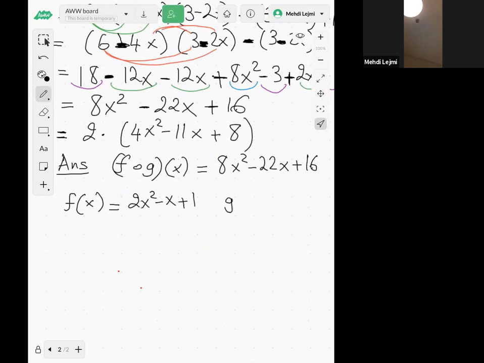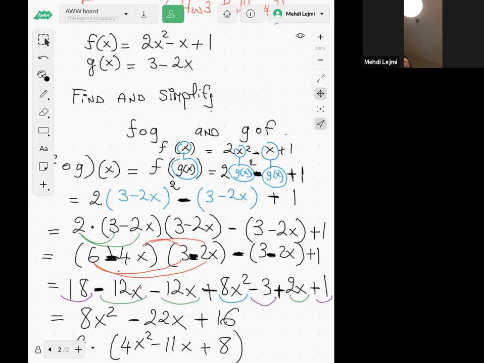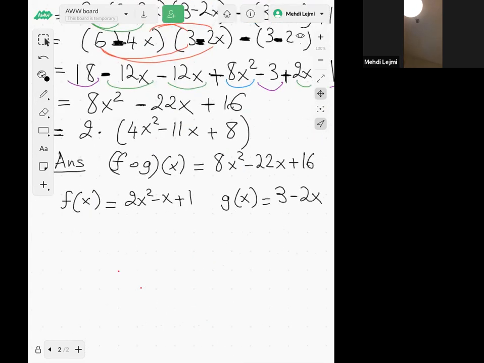And then the G of X is just 3 minus 2x. That's my G. So now we need to find G composed with F. By definition, that's G of F of X.